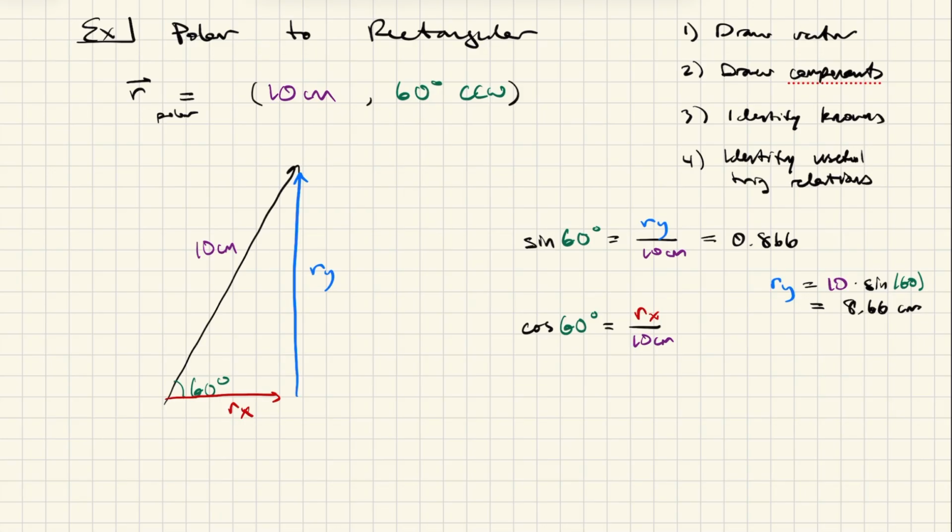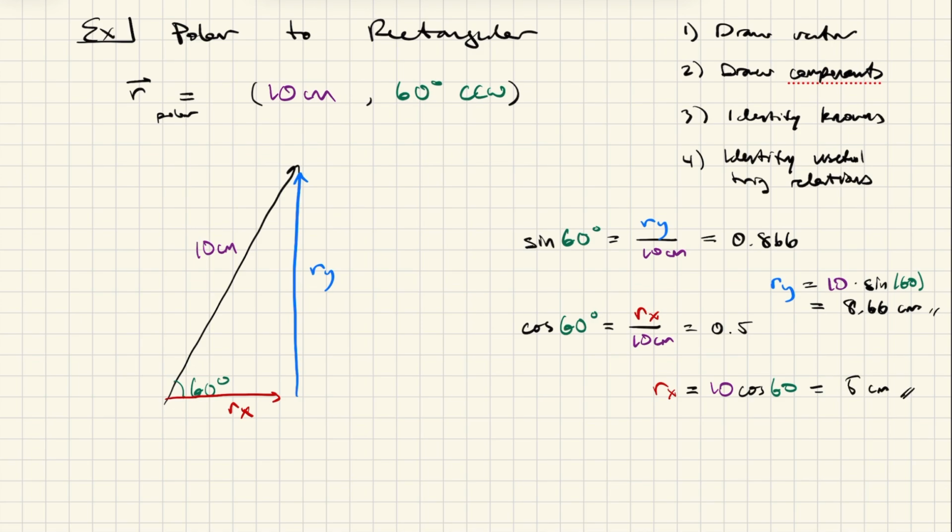And similarly, I can see that cosine of 60 is another thing I could plug into a calculator, and it turns out this one is 0.5, exactly 1/2. And so then I can just solve for Rx by multiplying both sides by 10 centimeters, and I find that Rx is equal to 10 times cosine of 60, which is 10 times a half, which is 5 centimeters.